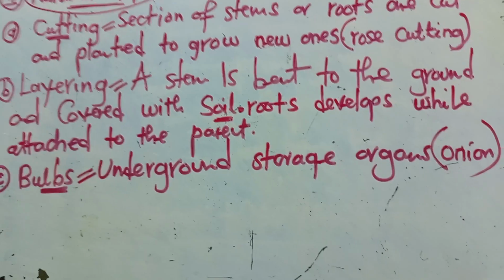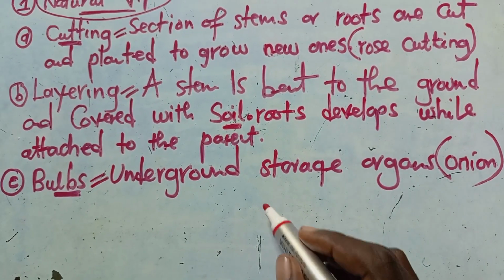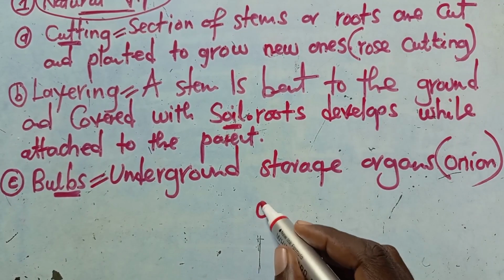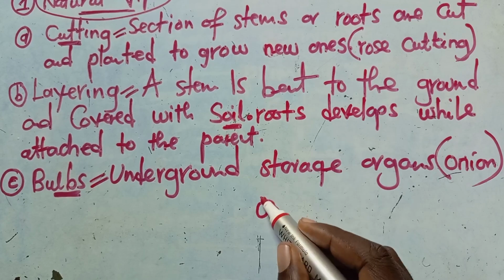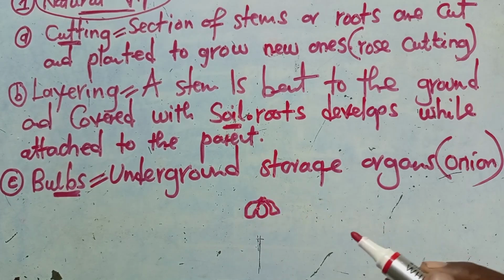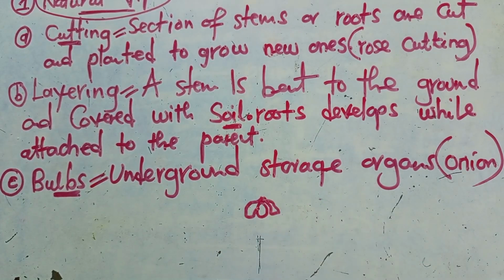No one can tell me they've never seen how onion grows. Just one onion, and down there, another one will start like this, another like that. So onion is able to do that.